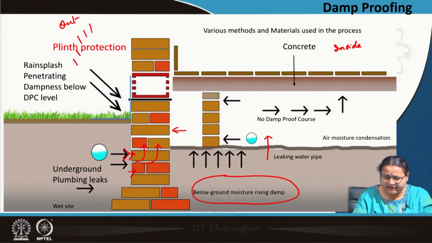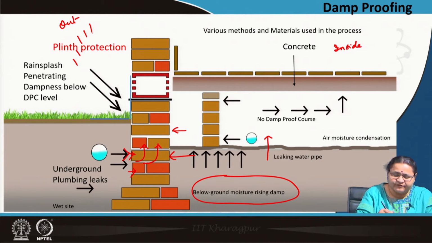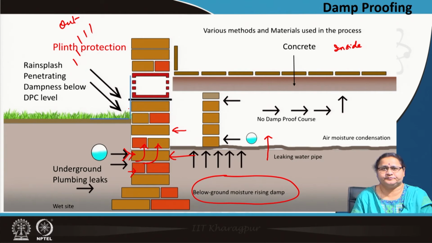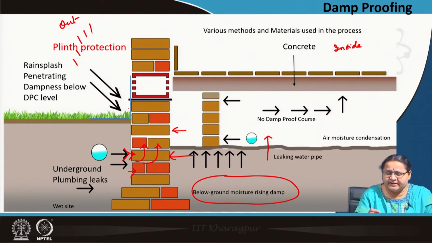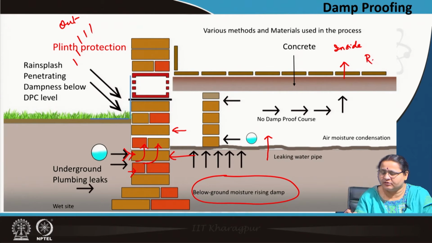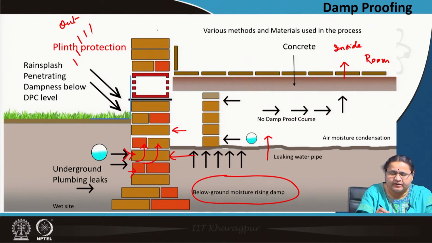So, it may enter from this side, it may enter from outside, it may come from rainwater. But if you see, this is the concrete mass, that is the floor, this will not allow it to move further up, and this is the room, the habitable space. But the external wall is continuing.